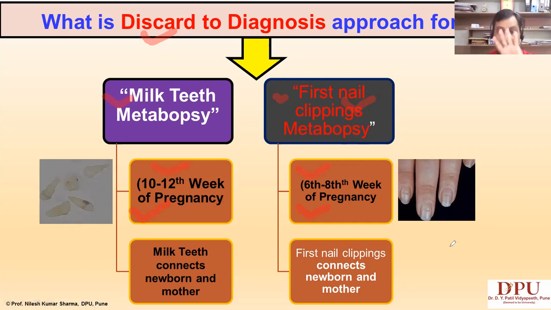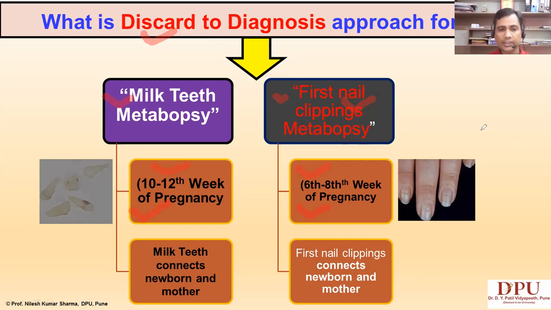Those are routinely discarded, knowingly or unknowingly, yet represent certain chemicals, certain metabolites, certain clues for inborn error of metabolism, because inborn error or IMD is a sort of inherited metabolic disorder. From the parents to the offspring or the newborn, it is transferred.